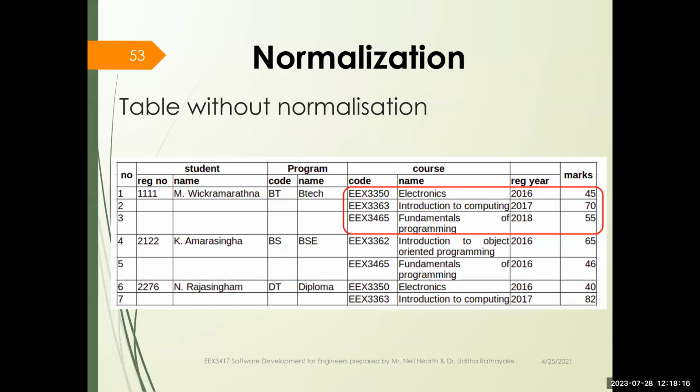Okay. Now this table is without normalization. Suppose this registration number, student, with the student registration number, program is BTech, name BTech. These are the course codes.